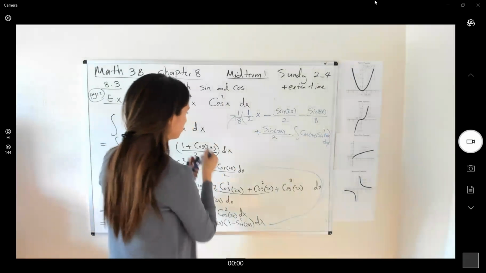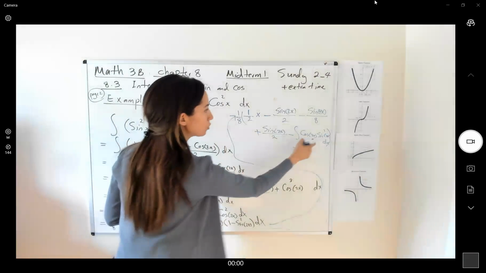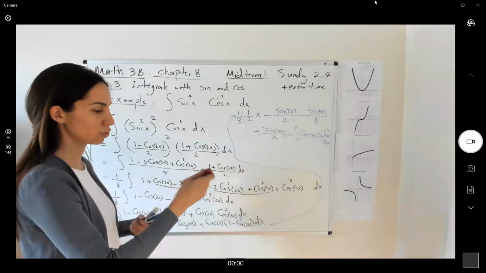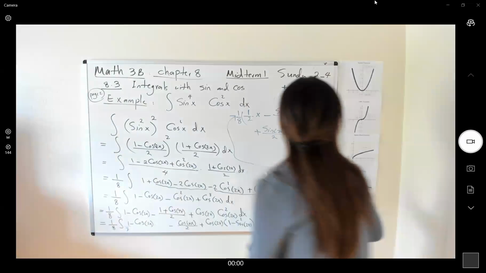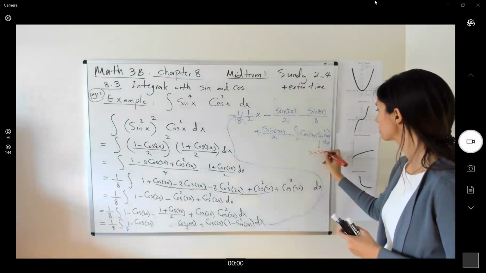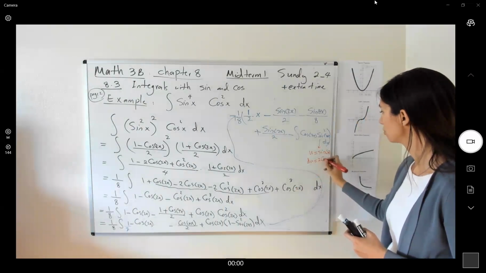So finally, what do we have? By using u-sub here, you get u to be sine 2x. U is sine 2x, and du is 2 cosine 2x dx.